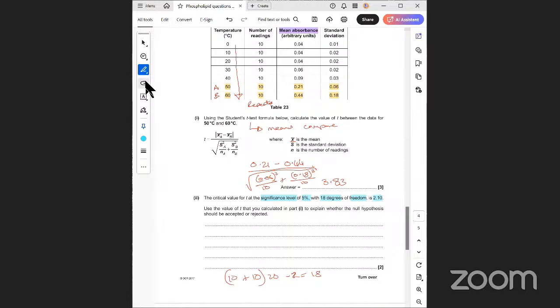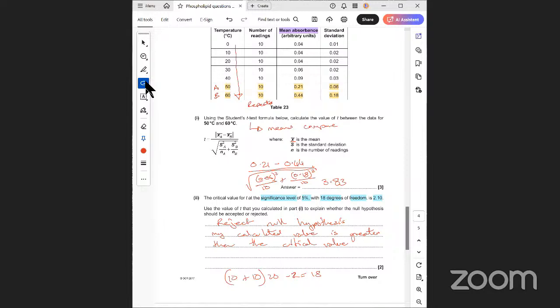So what I need to note is I'm going to reject the null hypothesis. Why am I going to reject the null hypothesis? Well, the reason I'm rejecting it is that my calculated value is greater than the critical value. So I'm using their terminology.